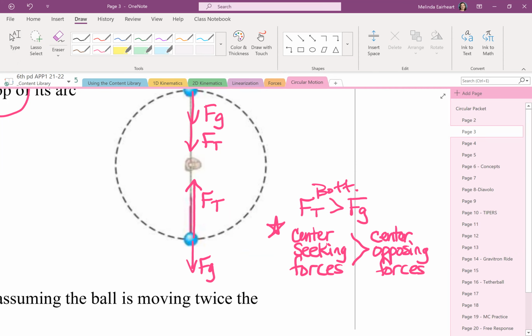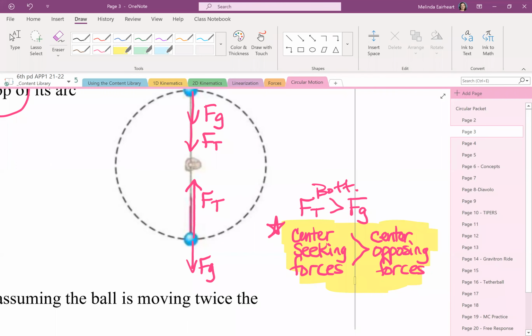And so you want that pull, center seeking force, whatever it is, to be bigger than whatever's trying to make you leave the circle. Because if gravity wins at the bottom, what happens? If the string breaks and gravity wins, are you going to make the circle? No. And so that's a big idea. No matter what kind of force it is, your center seeking forces need to be bigger than center opposing forces.